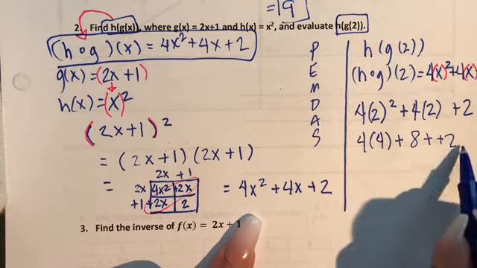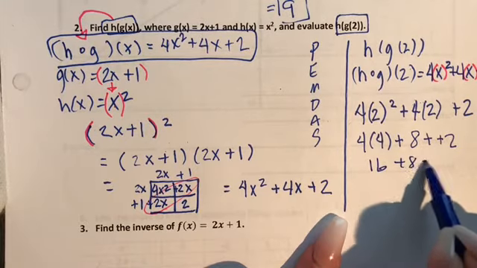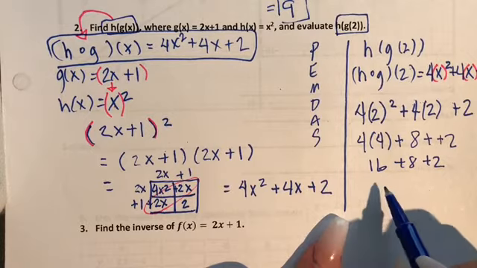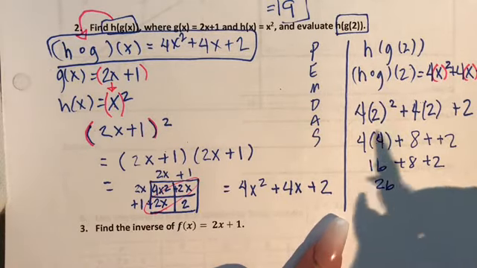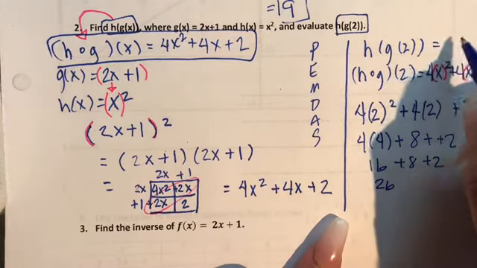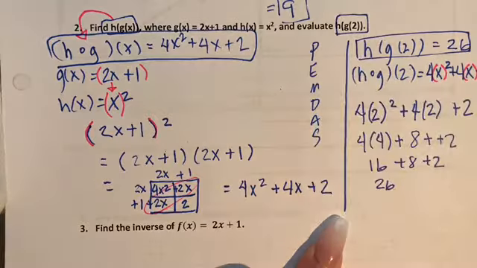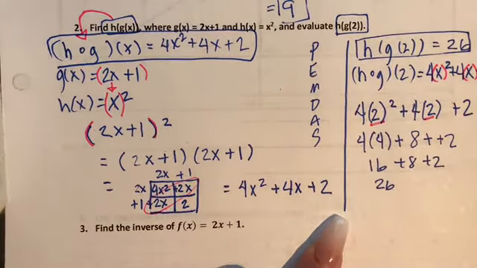Keep on simplifying. 4 times 4 is 16 plus 8 plus 2. Let's just add them all. 14 plus 8 is 24. 24 plus 2 is 26. So your answer is 26. I want you to see, every time I had an x, I substituted the 2.